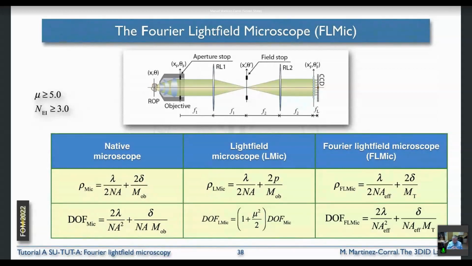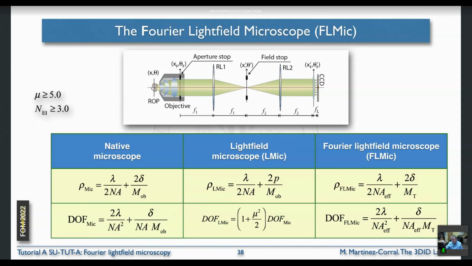As you can see, the formulas associated with Fourier Lightfield microscopy and those associated with conventional microscopy are the same. The main difference is that numerical aperture is changed to effective numerical aperture, and objective magnification is changed to overall magnification.